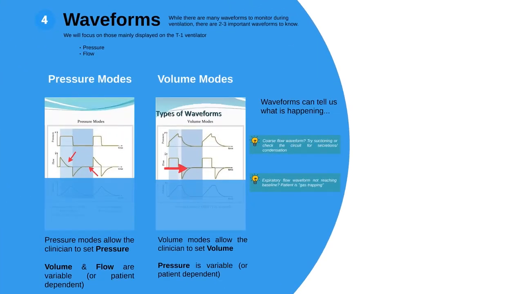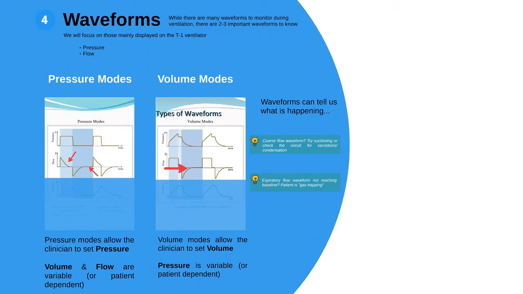And finally, waveforms. So depending on the mode you're in, waveforms are going to be specific to those modes. So if you're in a pressure ventilating mode, you can expect that because your flow or your volume is varying, the flow waveform is the one going to look more like the disease state of the patient.